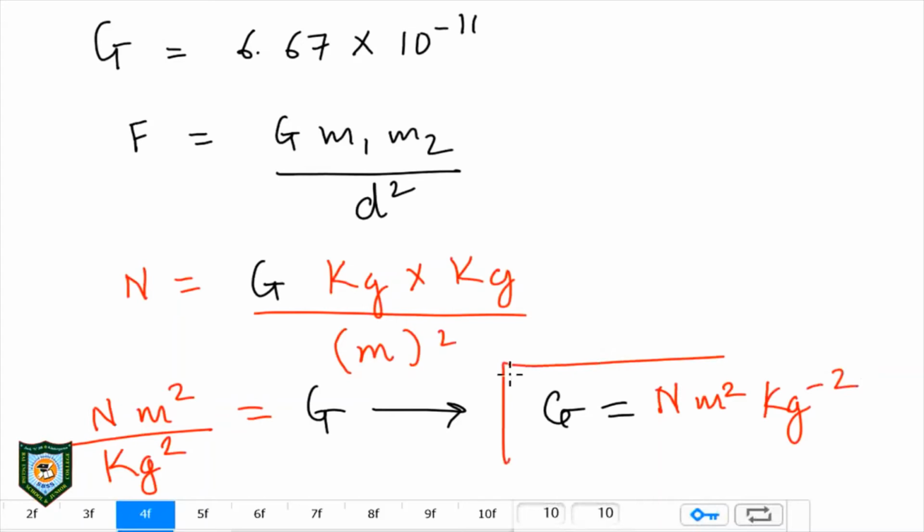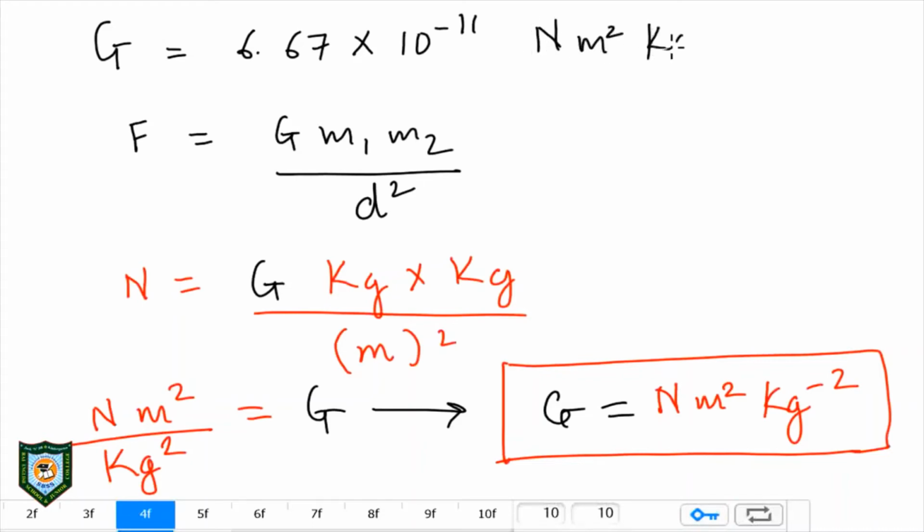So this is my SI unit for the universal constant of gravitation.